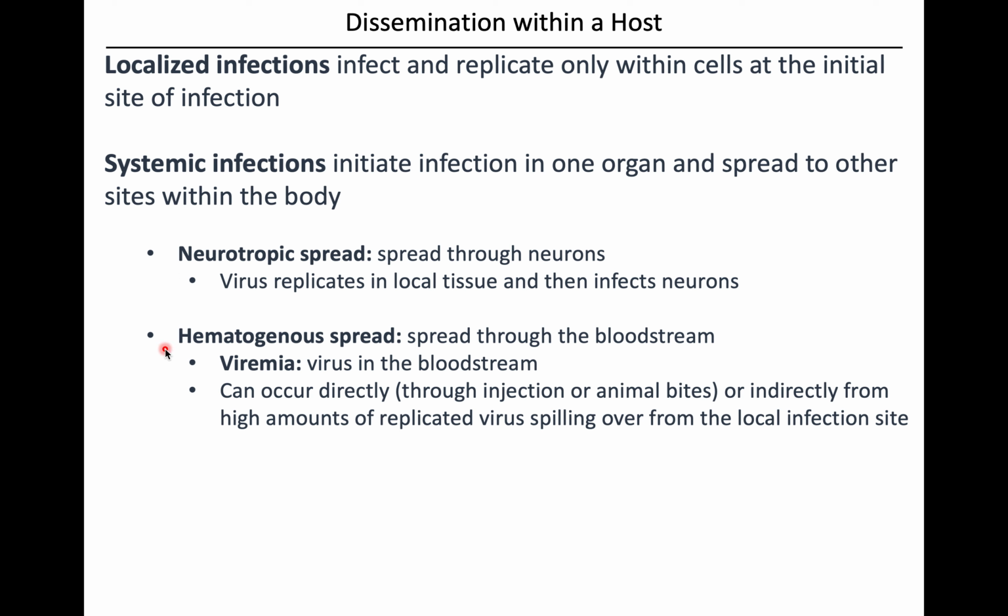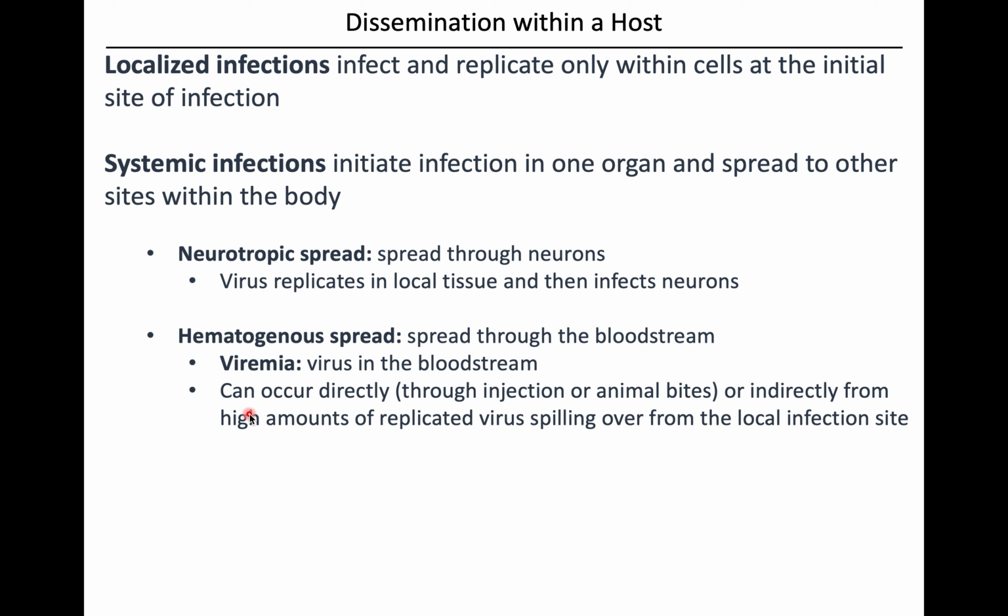Hematogenous spread is spread through the bloodstream. Anytime you have virus in the bloodstream, this is considered a viremia. We'll see as we go through some of the future chapters, they'll talk about primary versus secondary viremias. These would basically be waves of large amounts of virus in the bloodstream.